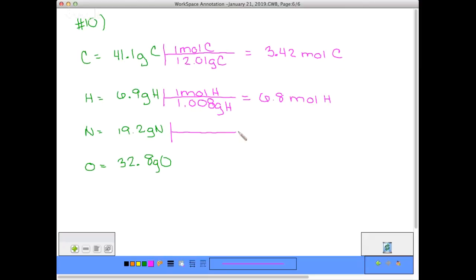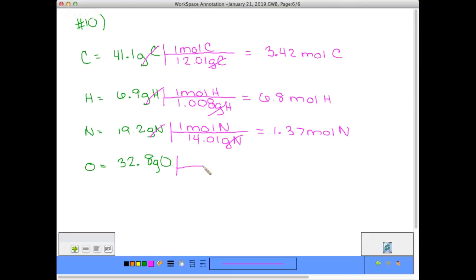Nitrogen, 1 mole of nitrogen equals 14.01 grams of nitrogen. And that's going to be 1.37 moles. Let me cross out my unit since I haven't done that, just to keep my work a little bit more organized.